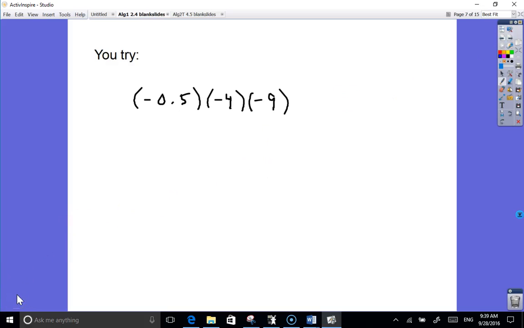Good. How do you multiply 3 numbers together? First you got to multiply 2. Which 2 do you think you'd probably want to multiply first? You could do anything you want, right? I would probably do the negative 4 times negative 9 first, but you don't have to.